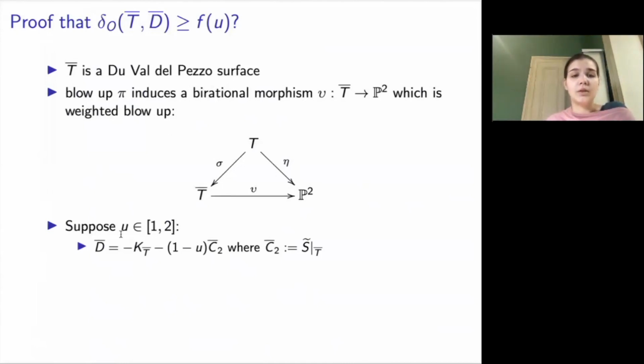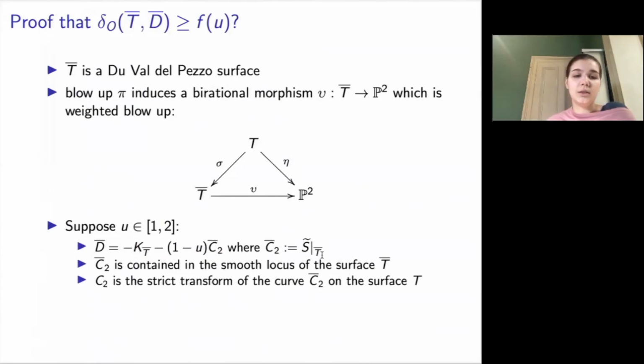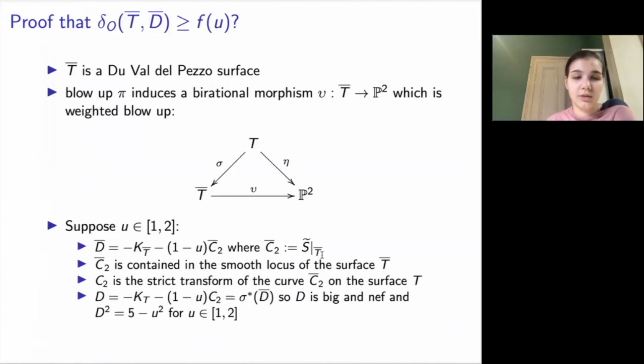For the point u inside the interval [1, 2], our polarization can be seen as this, where C2 is just the restriction of our surface S on the Del Pezzo surface over line T. This C bar is contained in the smooth locus of the surface T bar, so we can just look at its strict transform, and there will be no unexpected exceptional divisors in there.